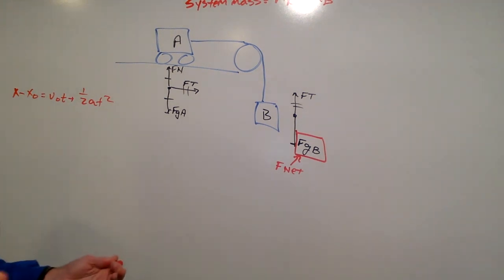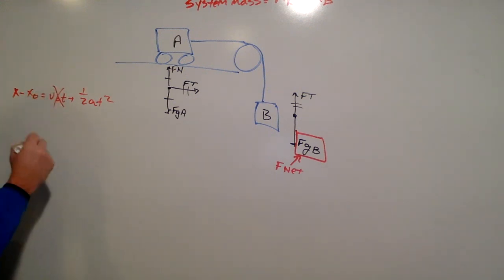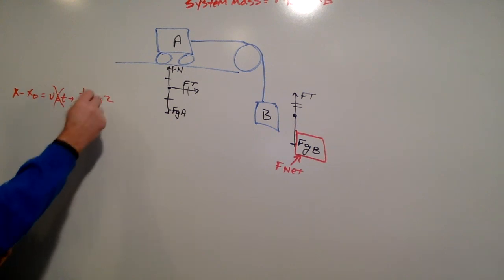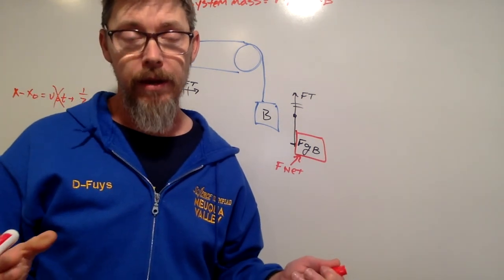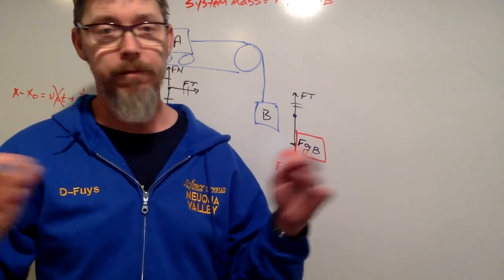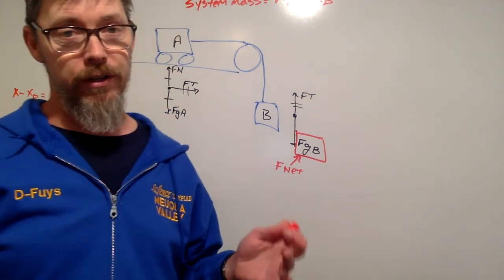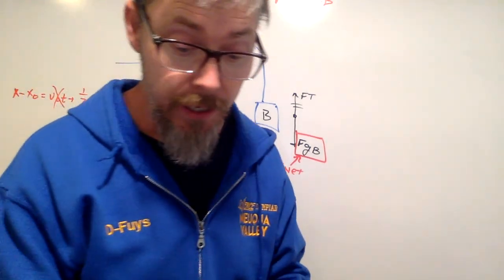The reason that one works so well is because since it starts at a 0 velocity, this goes away. So you use distance equals 1/2 a times time squared. And you got that data from the lab. That gave you your data points so you could graph. Okay, and you did that for both experiments. You had to do acceleration for both of them, and you couldn't measure the acceleration directly. Okay, so we go ahead and we could do that.